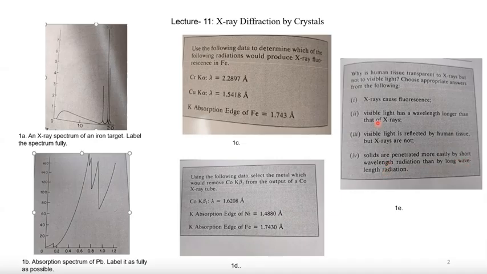You see, all these statements are correct, but according to the question, 2 and 4 will be the likely answers. 2 is that visible light has a wavelength longer than that of X-ray. Similarly, solids can be penetrated more easily by shorter wavelength than by longer wavelength.